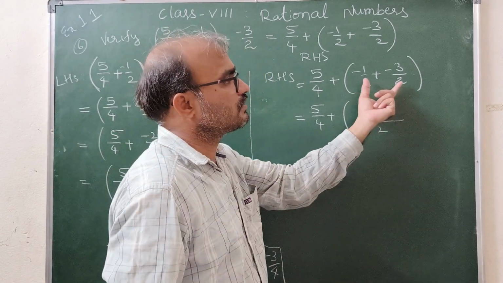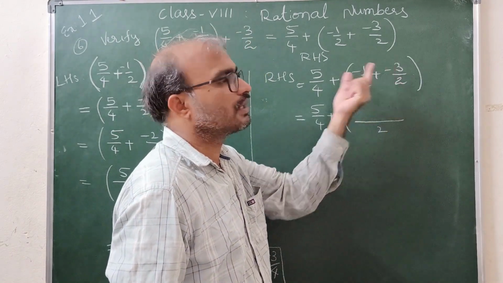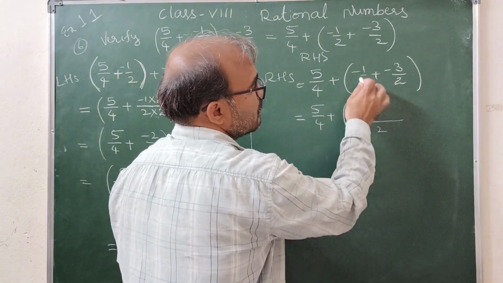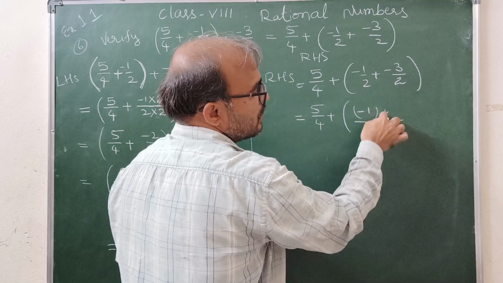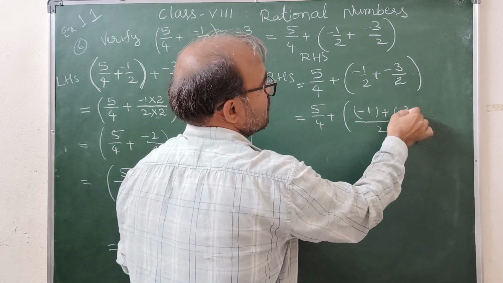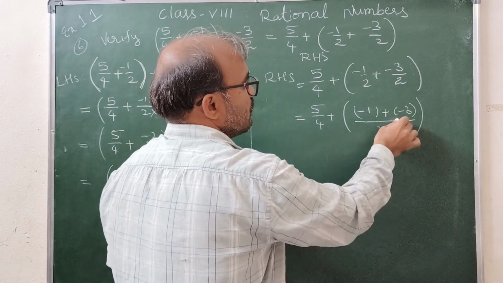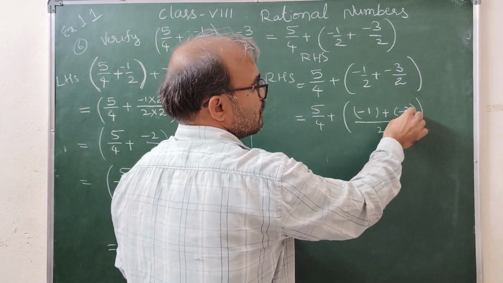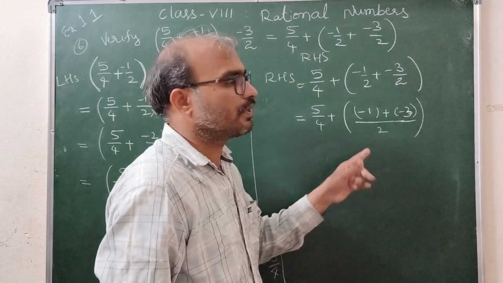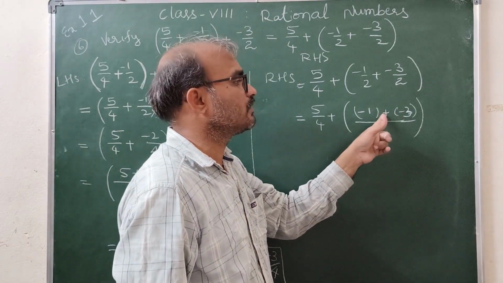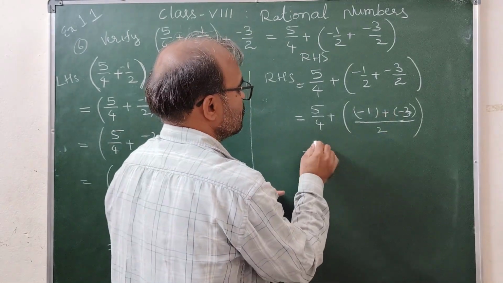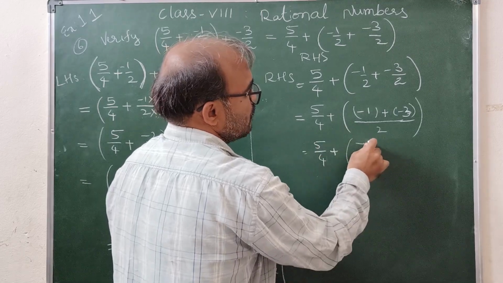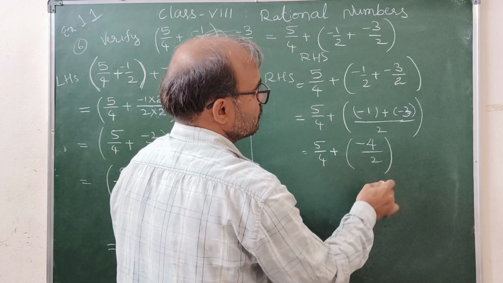As the two fractions have the same denominator, you can add the numerators directly. So minus 1 is the numerator here, plus symbol as it is, you write minus 3. Addition means together. Right? So you have a borrow of 1 rupee here, you have a borrow of 3 rupees here. Together it will be a borrow of 4 rupees. Right? 5 by 4 plus a borrow of 4 rupees, minus 4 by 2.